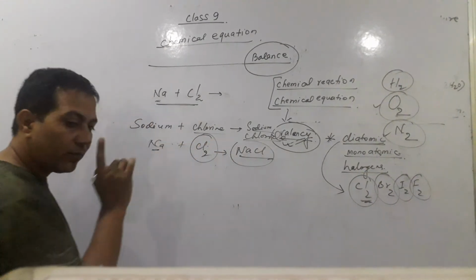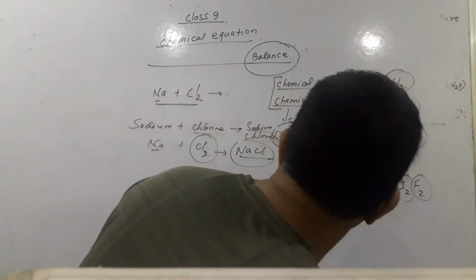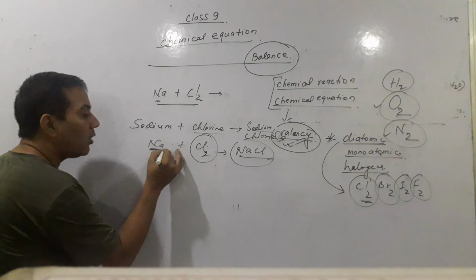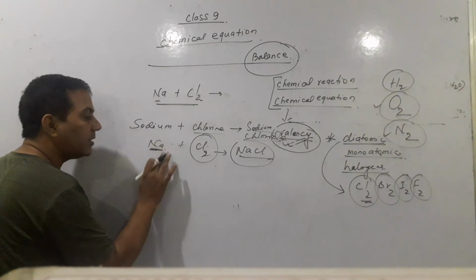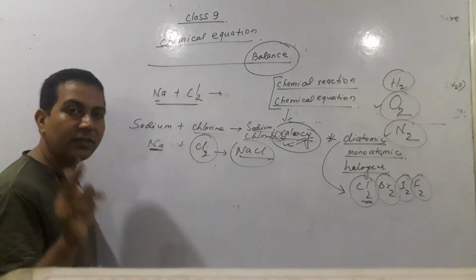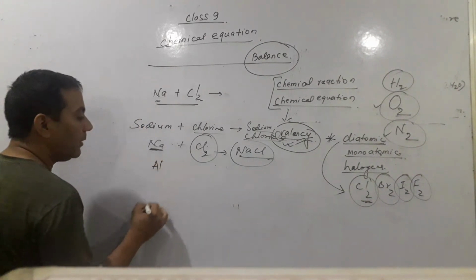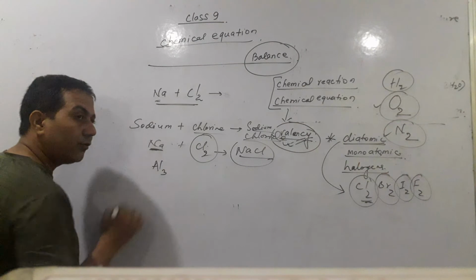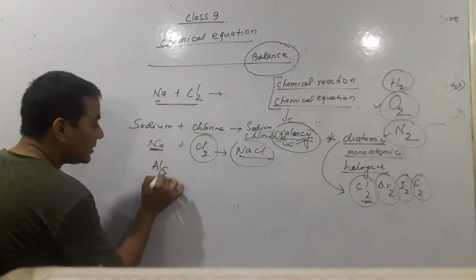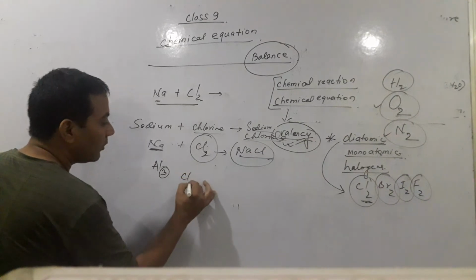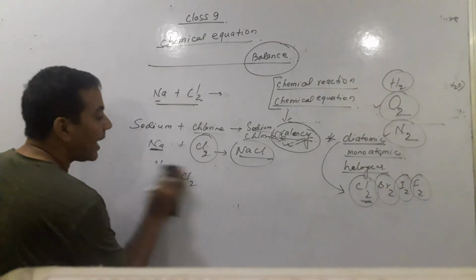You should know first the valency. Sodium is 1 or 2 or 3, this is denoted by the valency of the atom. If we write aluminum, it may be 1 or it may be 3. So this is the valency of aluminum. Likewise, chlorine 2, so diatomic.